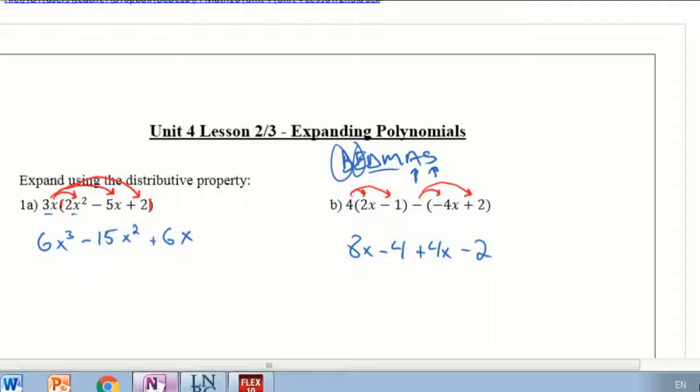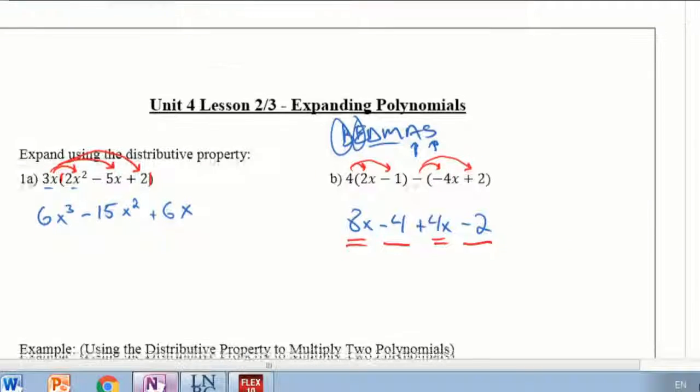So this would be kind of a simple question from something we've already seen. We need to look and say, okay, is there anything that is similar? Well, I have this 8x and I have a 4x. So I can combine my x's. And then I have -4 and -2, which are just constants, numbers, so I can combine those together.